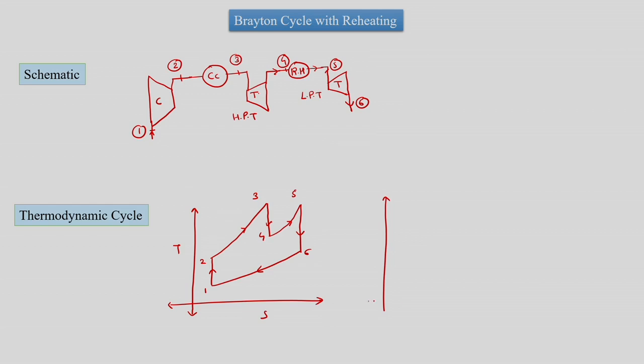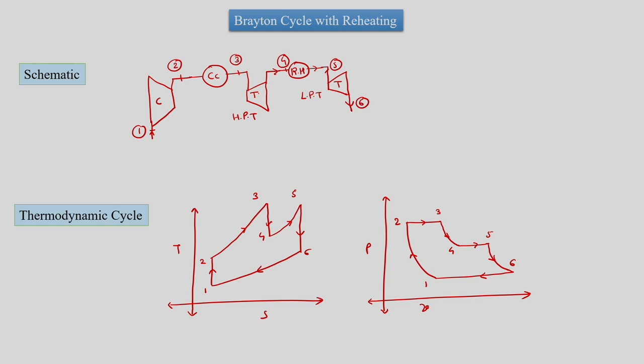Now we will also plot the PV diagram. 1 to 2 is isentropic compression, 2 to 3 is heat addition in the combustion chamber, 3 to 4 is high pressure turbine expansion, 4 to 5 is heat addition in the reheater, 5 to 6 is expansion in the low pressure turbine, and then 6 to 1 is heat rejection.